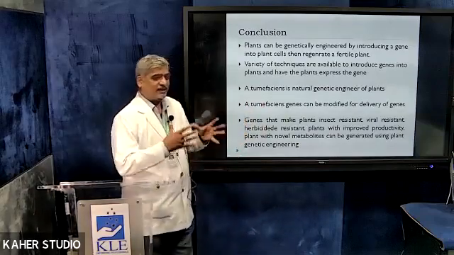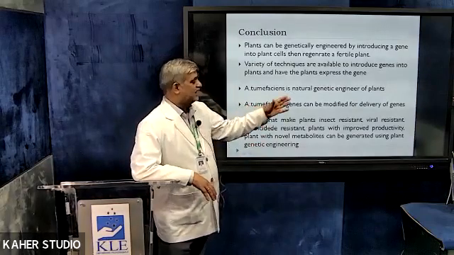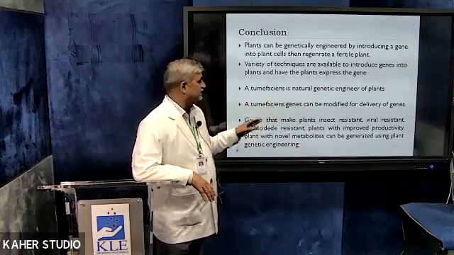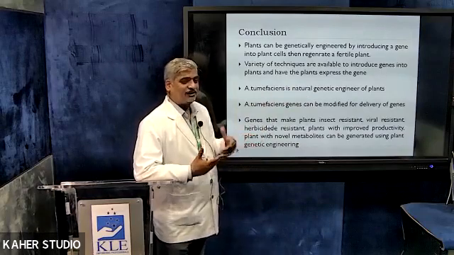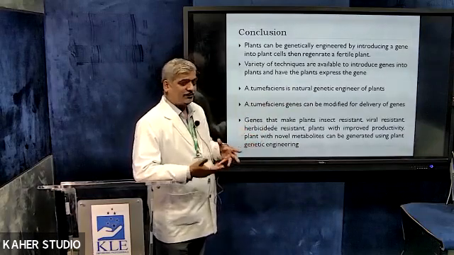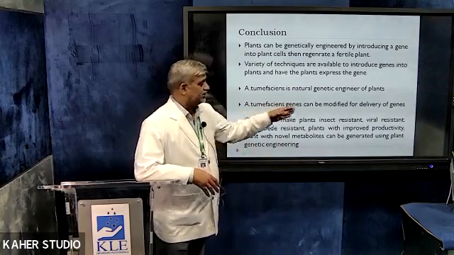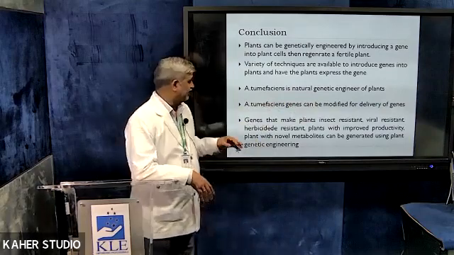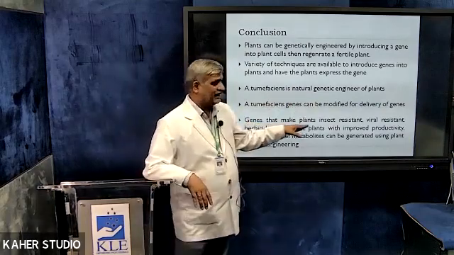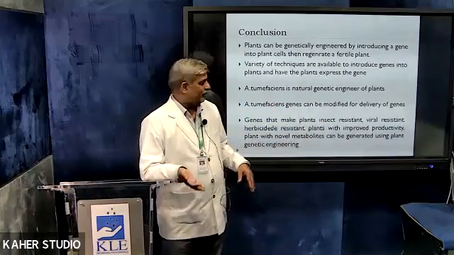Many methods are there, but Agrobacterium tumefaciens is a natural genetic engineer of plants. So people have exploited it. We have a wide variety of these Agrobacterium tumefaciens bacterial genes, and the genes can be modified for the delivery of genes that make plants insect resistant, so that we can reduce crop damage.